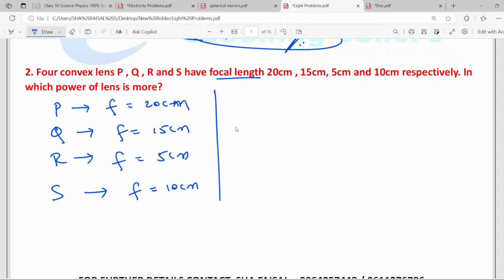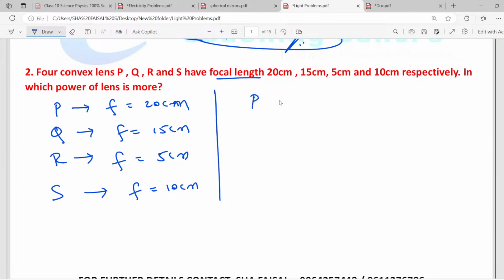Four convex lenses P, Q, R and S have focal lengths 20 centimeter, 15 centimeter, 5 centimeter and 10 centimeter respectively. In which is the power of the lens more? So this is the question. Now can you calculate and tell me the answer fast?